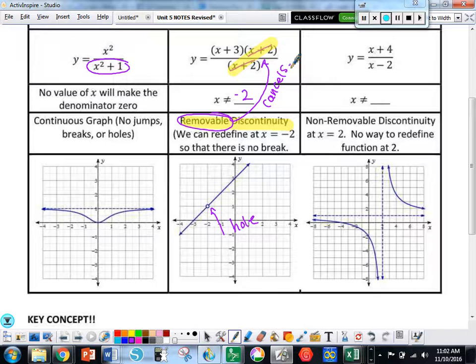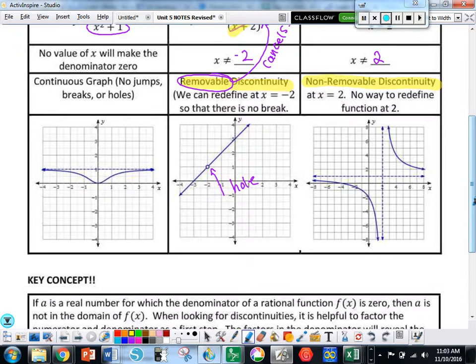Now, the last example, where's the excluded value? X cannot be what? 2. Now, nothing cancels here, right? Because nothing cancels, we're going to call this a non-removable. Nothing cancels. And because nothing cancels, I have a vertical asymptote right here.